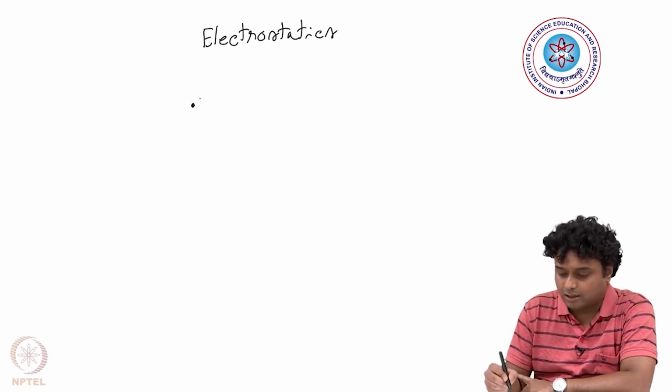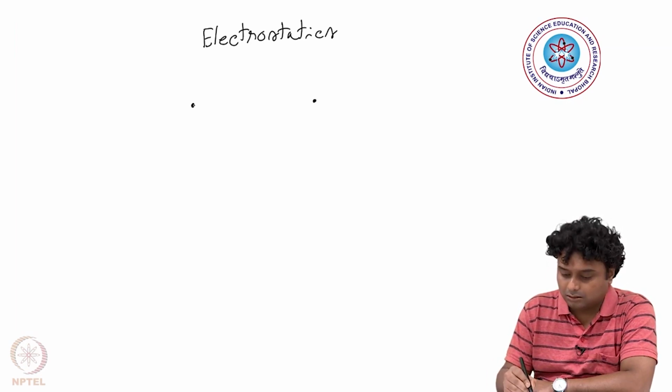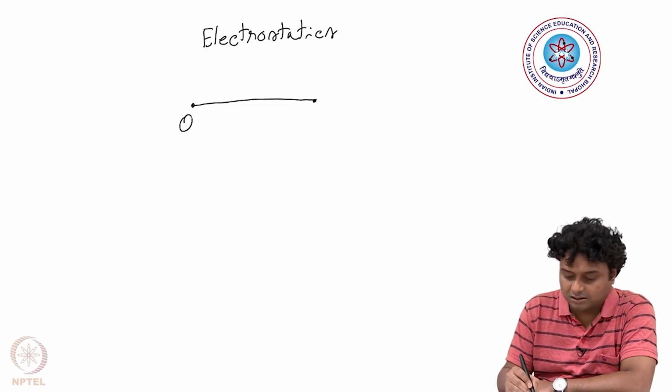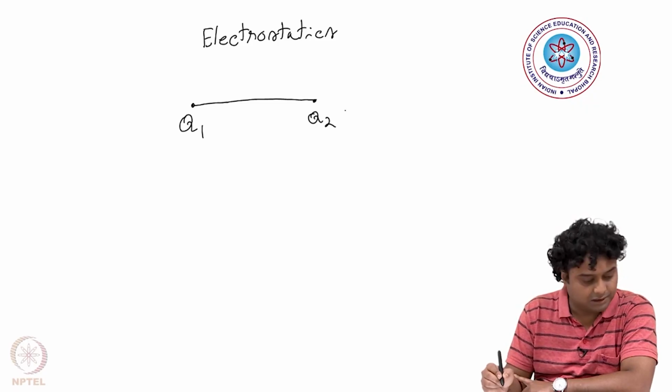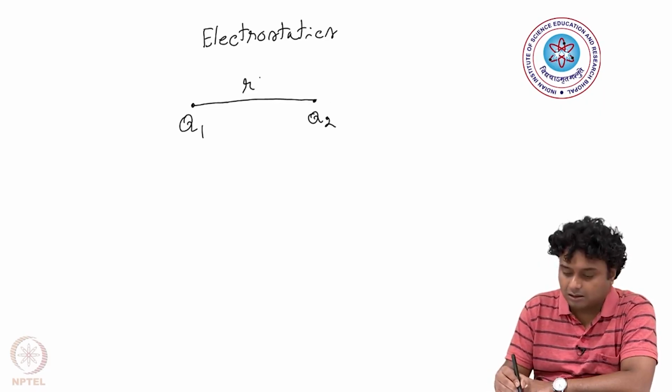Okay. So first we are discussing Coulomb's law. I am not going to write down the law, but I will just brush up the formulas once. Let's say these are two charges Q1 and Q2, I am not writing any sign for them, and they are apart by a distance r.